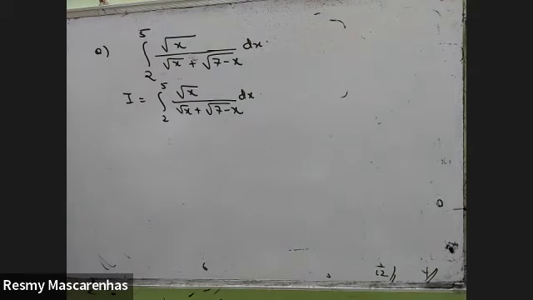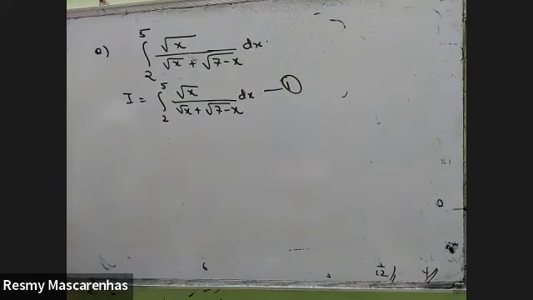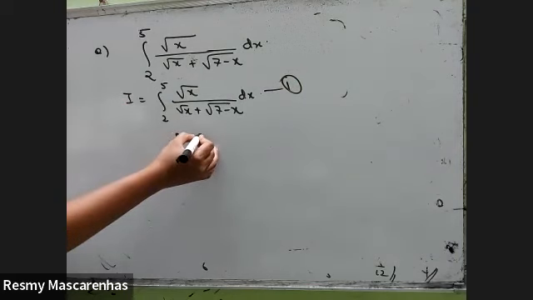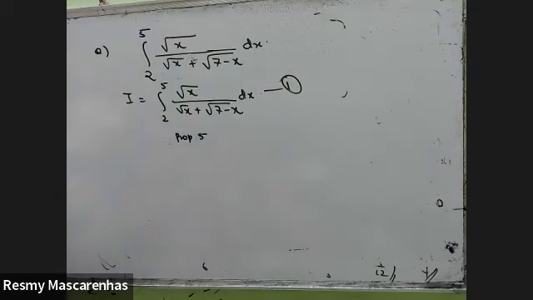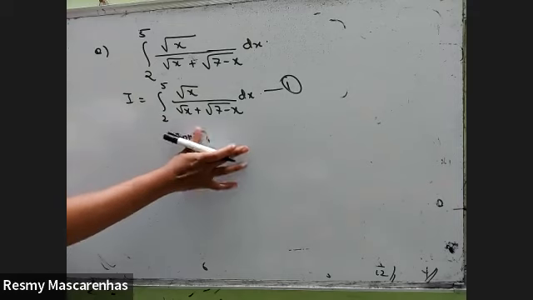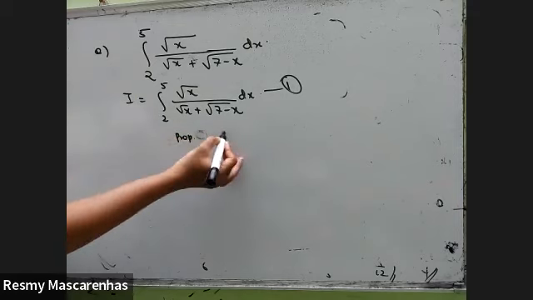Now mark this as equation 1. Again, we'll use property number 5 now. Just check the numbers. Property 4, I think. Just check. Previous problem also. Don't focus on the number. Just focus on the property.